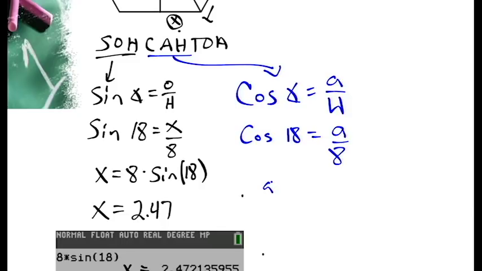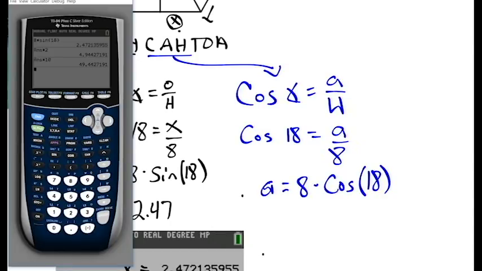So our apothem is 8 times the cosine of 18. From this point, we're going to pull up our calculator. We'll clear off the other stuff. We got 8 times cosine of 18.